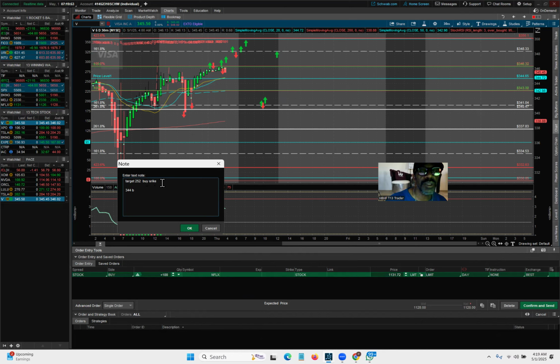Buy strike price. Strike is 342. That means it holds support off of these levels. You got one, it could create a high here.